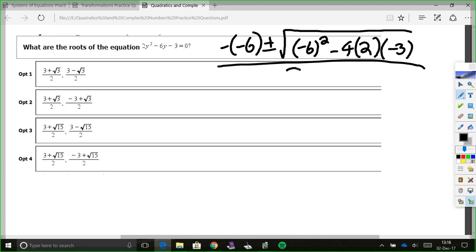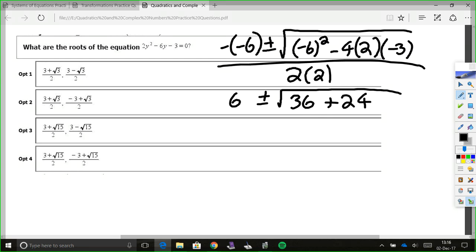All divided by 2 times a, which is 2. So this will become a positive 6 plus minus square root. Negative 6 squared is 36. And then I got 2 negatives again, so this will become plus 8 times 3, which would be 24. All divided by 2 times 2, which is 4.